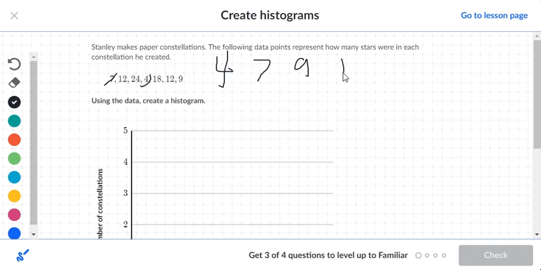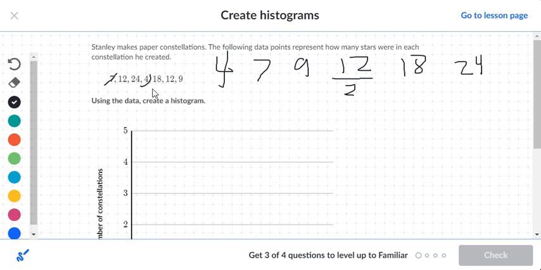Now as for 12, we have 2 of those. So 2 12s, followed by 18, followed by 24.